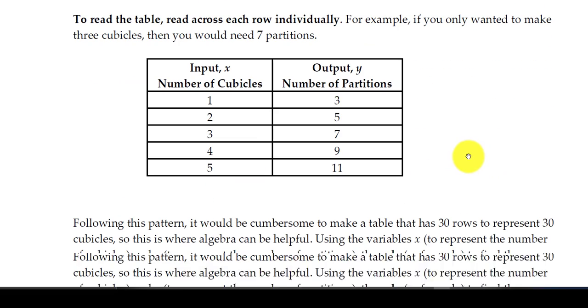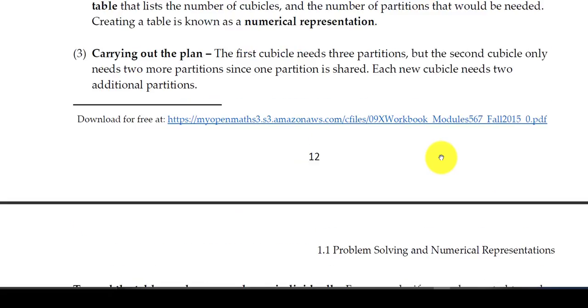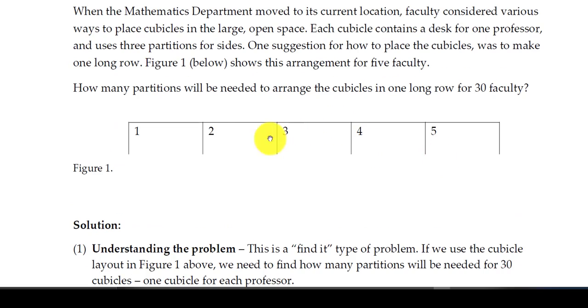So notice in my input-output table, we wrote 5 for 2. And finally, if we had 3 faculty members, we would use 7 partitions. Let's just double check: 3 faculty, 1, 2, 3, 4, 5, 6, 7. And if I wanted 4 faculty, I'd have 7, 8, 9, 10, 11, right?